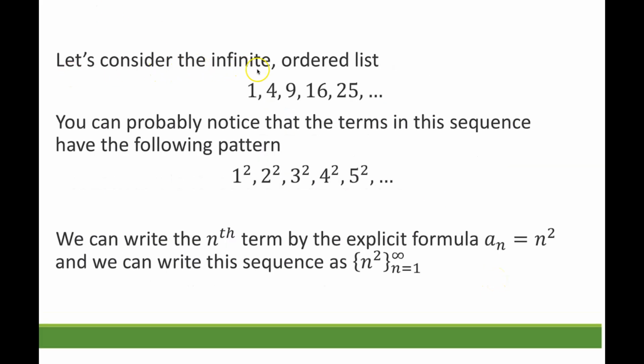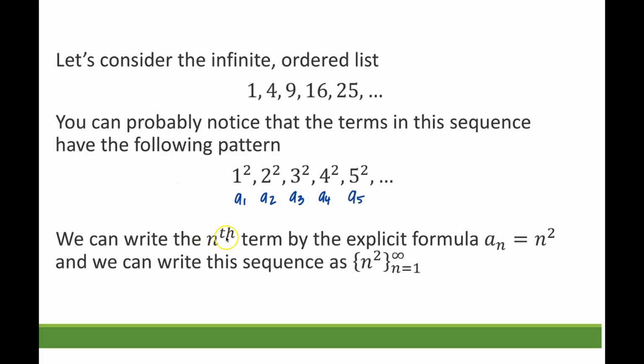Now let's consider the infinite ordered list 1, 4, 9, 16, 25, and so on. Hopefully we can notice the pattern here is that 1 is 1 squared, 4 is 2 squared, 9 is 3 squared, 16 is 4 squared, 25 is 5 squared. So in other words, 1 squared is a sub 1, 2 squared is a sub 2, 3 squared is a sub 3, and then we have a sub 4, a sub 5.